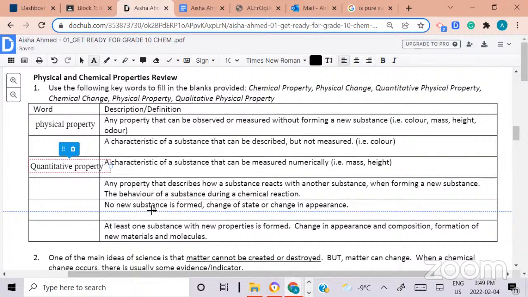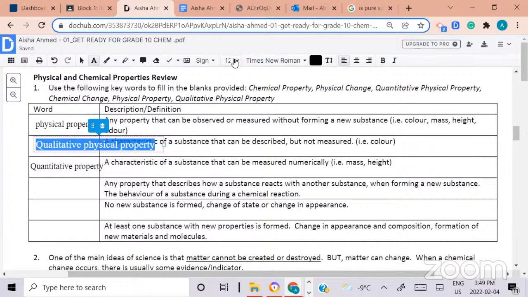So the one above it is qualitative physical property.